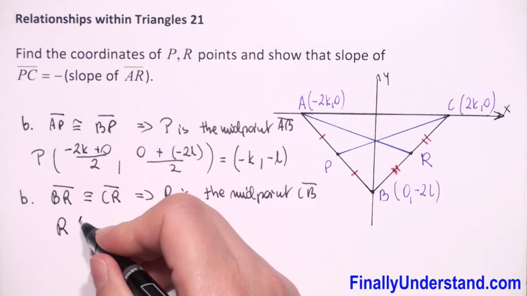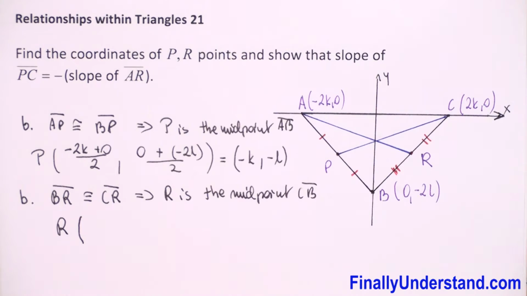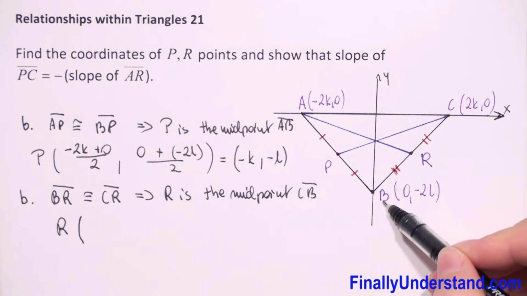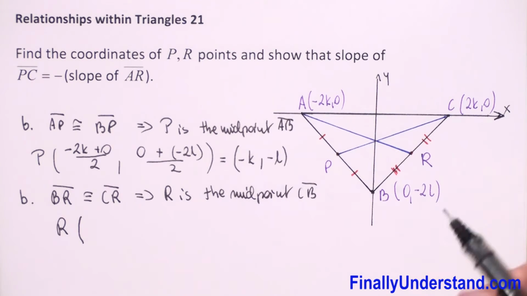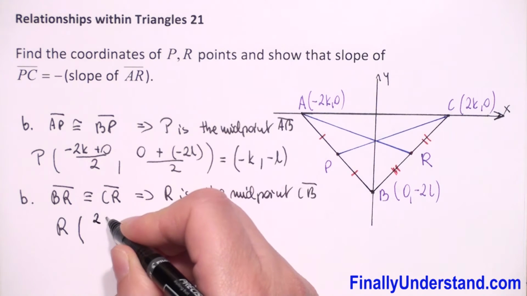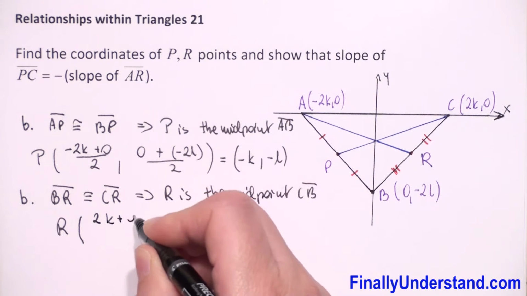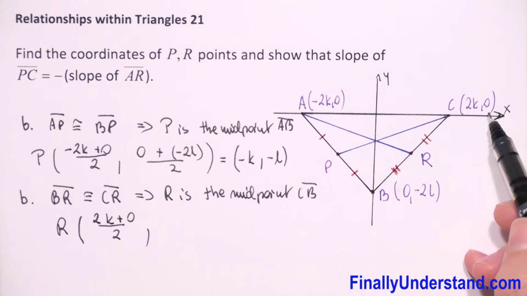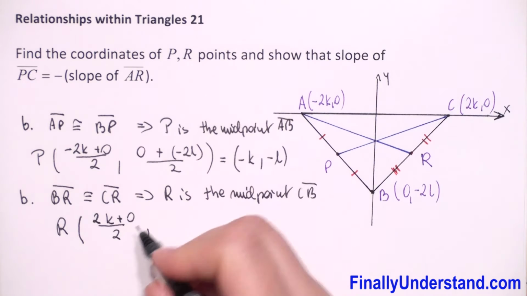R has coordinates: for the first coordinate we have to add the first coordinates of C and B points and divide by 2. So it will be 2k plus 0 over 2. And for the second coordinate we have to add and divide by 2.